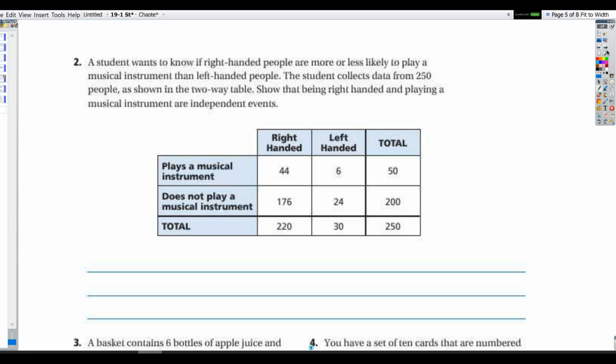You're basically studying and examining relationships, and you're looking for independence or the lack thereof, okay? Do you see this one's not as straightforward? You have to use the little formula for this, okay? We're going to test for independence. So I'm going to show you how we're going to test for independence in a case like this.